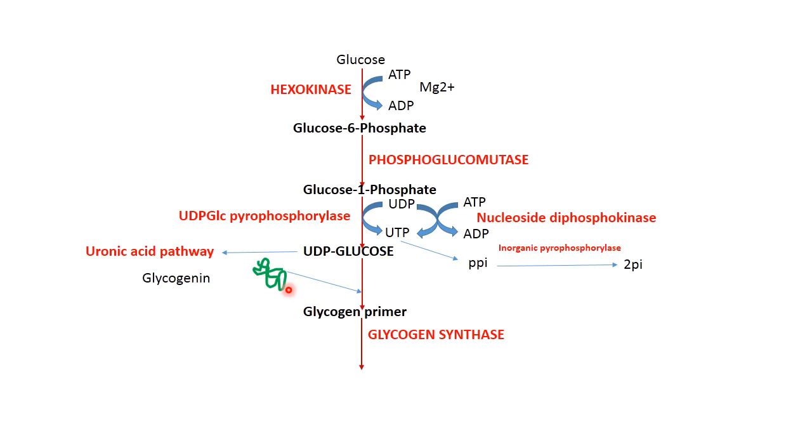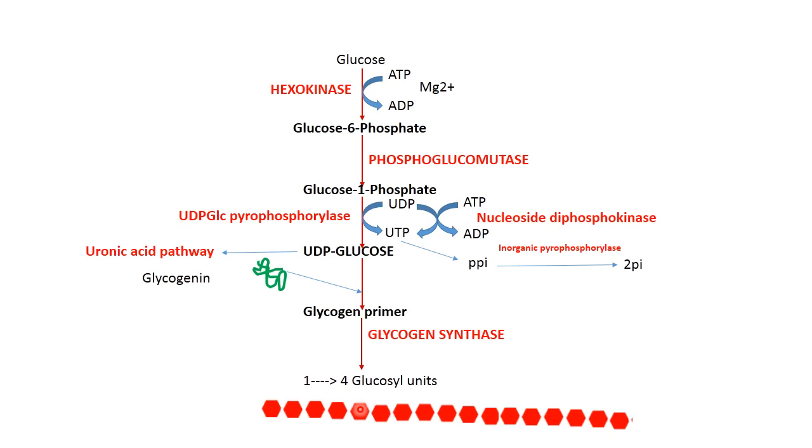Now, this glycogen synthase will act on the glycogen primer, and it catalyzes the formation of a glycoside bond between C1 of the glucose of UDP-glucose and C4 of a terminal glucose residue of glycogen, liberating UDP, and we will see that a linear polymer of glucose is linked by alpha 1,4 glycosidic linkage.